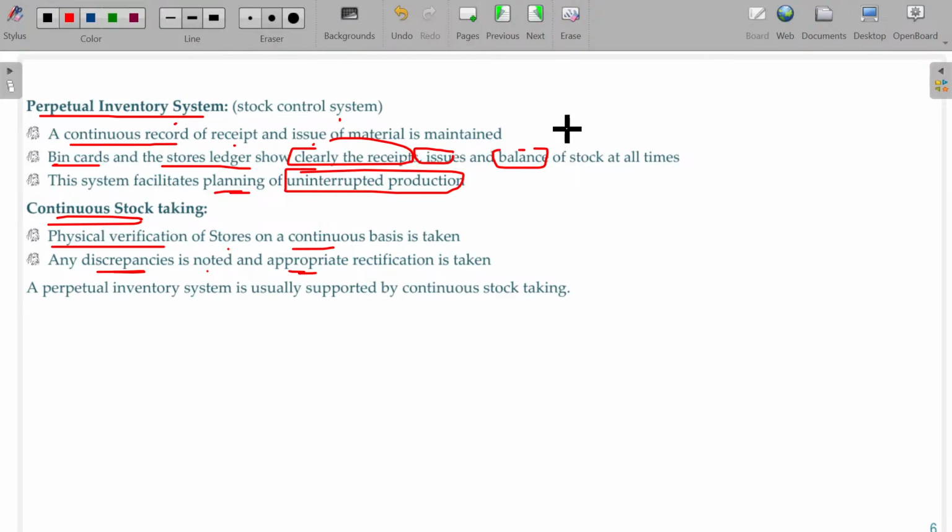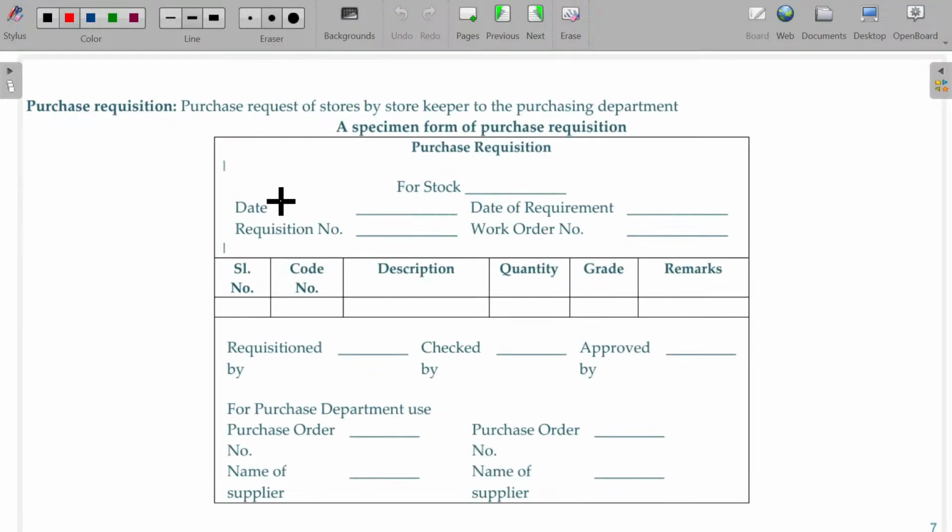If both are matching, then there will not be any discrepancies. If there are any discrepancies, they are immediately adjusted. A perpetual inventory system is usually supported by a continuous stock taking system. So this one is possible only because of this one. Okay. So you can attain these facilities, the perpetual inventory system, with the support of continuous stock taking.